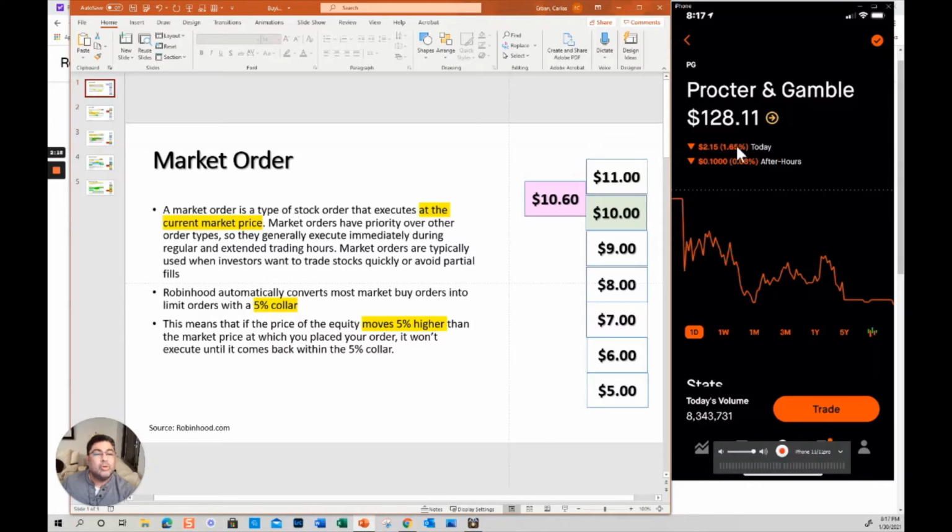During the day, which is from 9:30 to 4, it declined $2.15. So that's 1.165%. And then in the after hours, so that's 4:30, I believe, until 6 or 6:30, it kept declining.